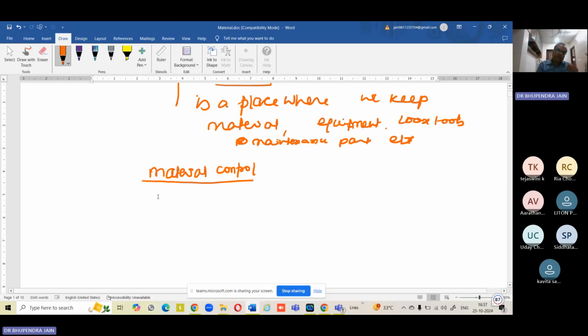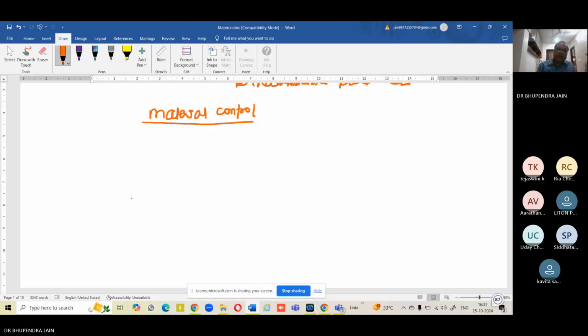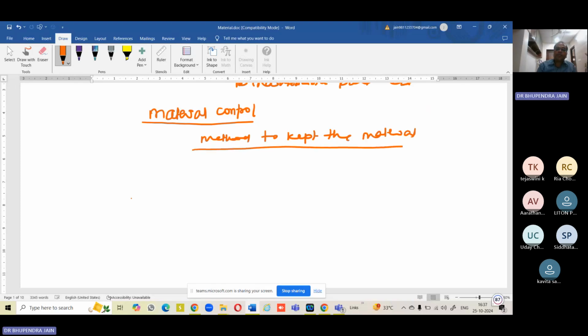There are two systems or two methods to keep the material.